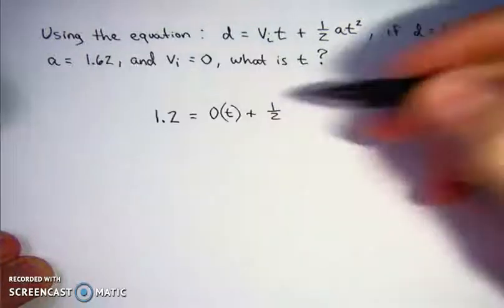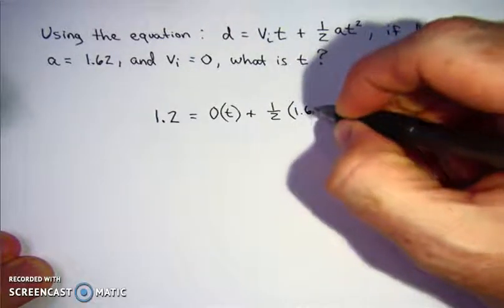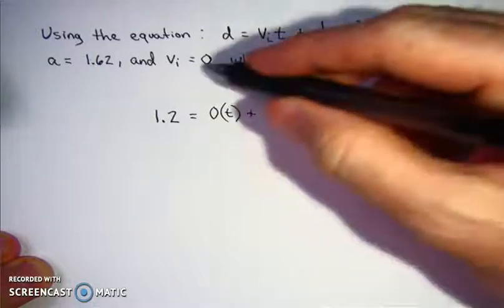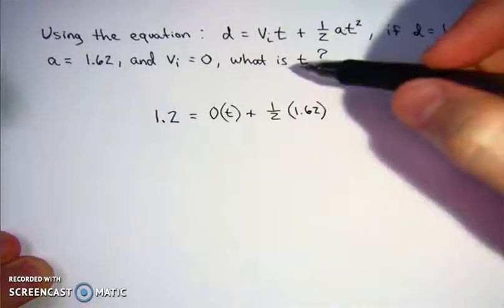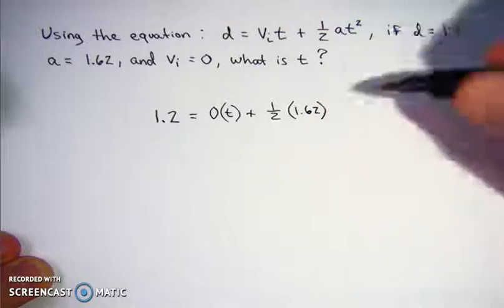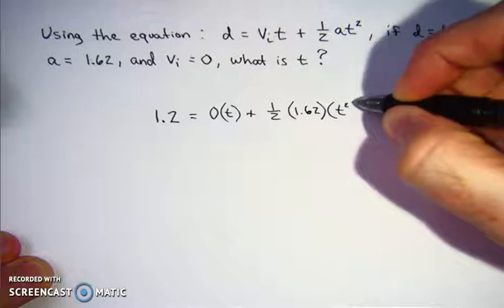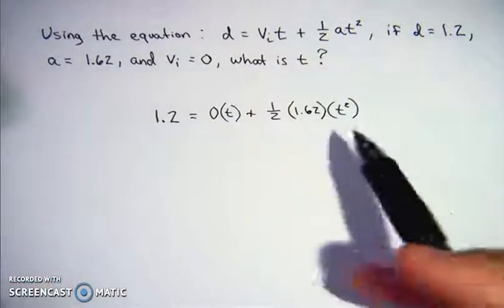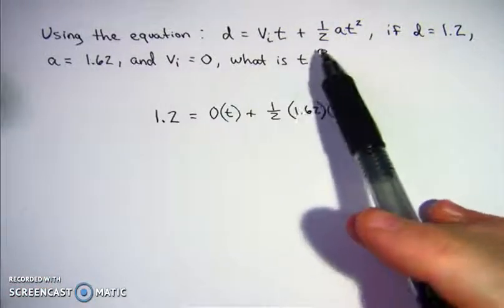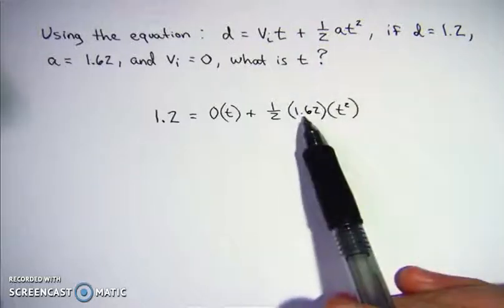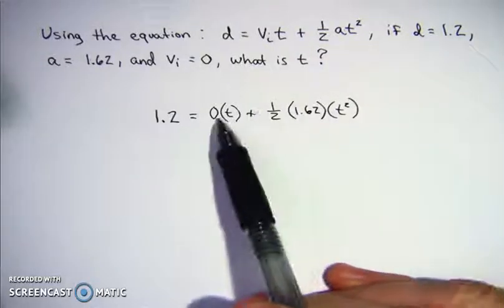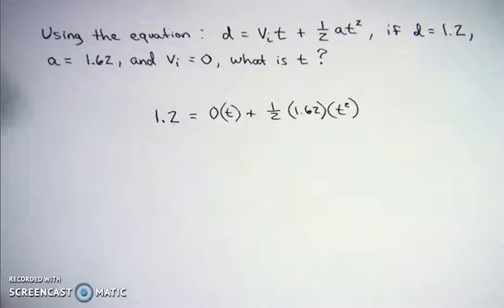A is 1.62. I'm sorry, t squared. Sorry about that. Okay, let me make sure I rewrote that correctly. 1/2 a t squared, VIT and d. Okay, I think we're good to go.